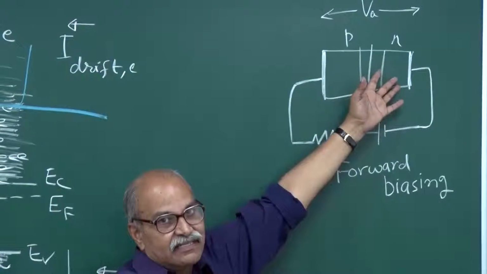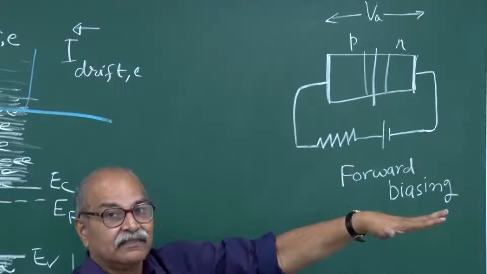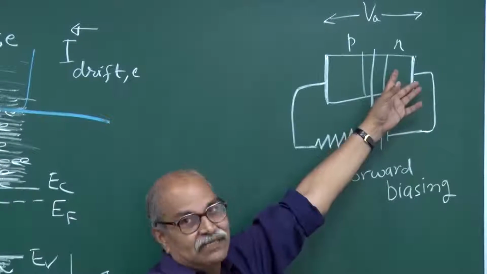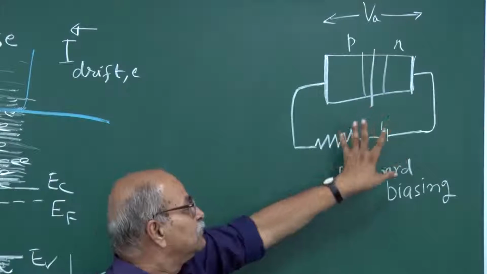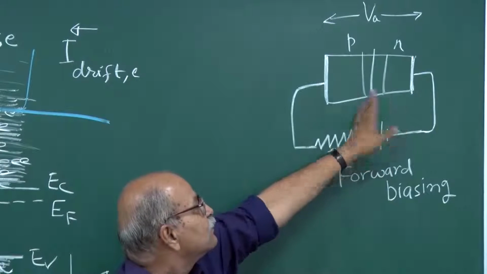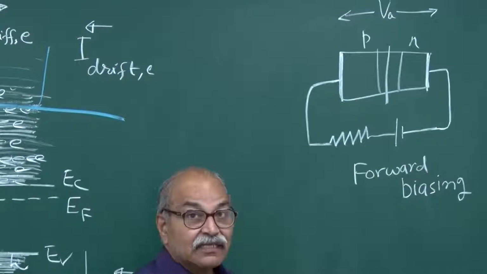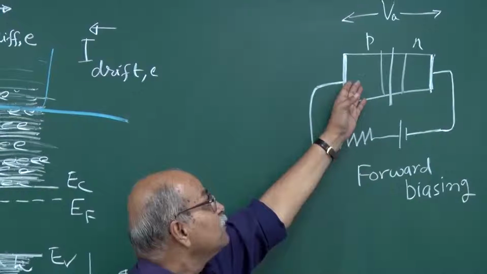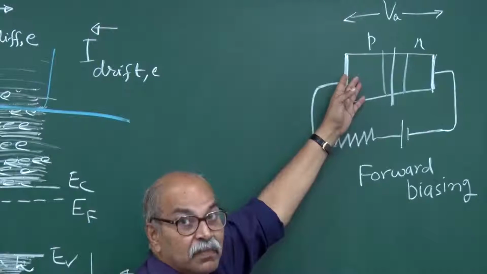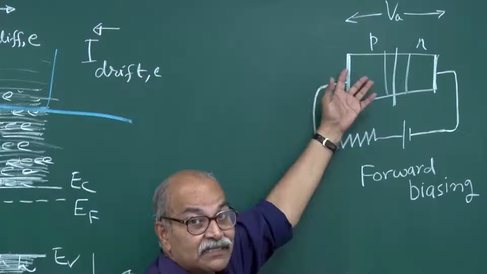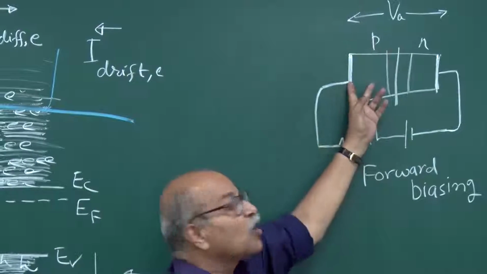So if I take this N side as the reference side, zero potential, then before this cell was connected, this was already at some potential, you know that. And now we are putting extra potential there. This VA is on top of that.